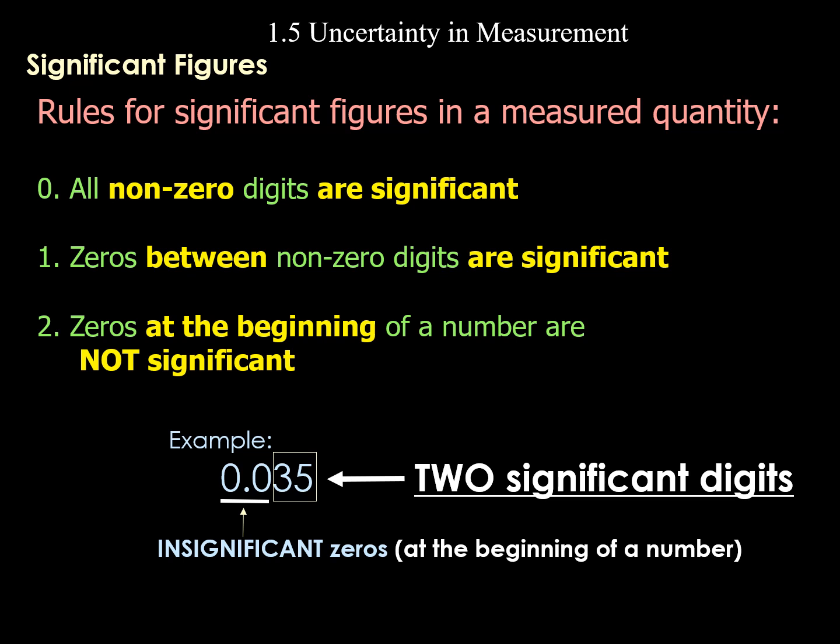When you have a decimal place, in this instance 0.035, you only have 2 significant figures, the 3 and the 5. The zeros in front are not significant. If I were to add a 0 after the 5, it would be 3 significant figures. So if the question was how many significant figures in 0.0350, the answer would be 3 significant figures.